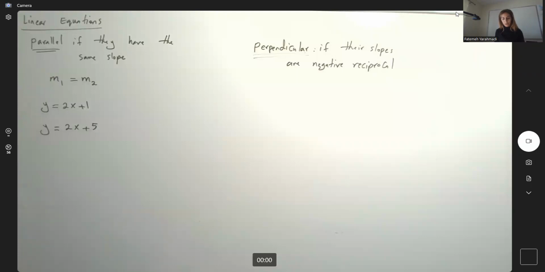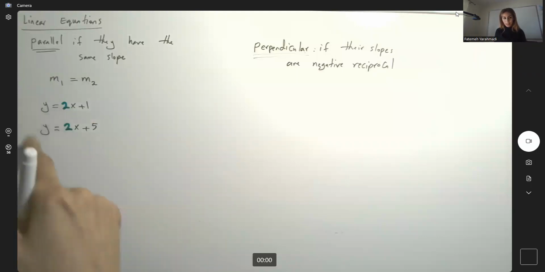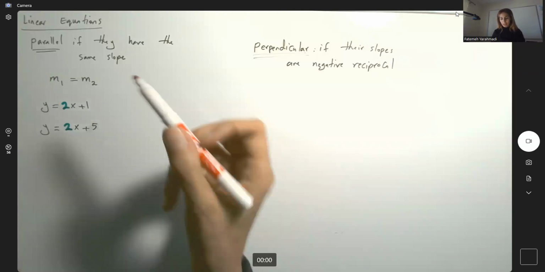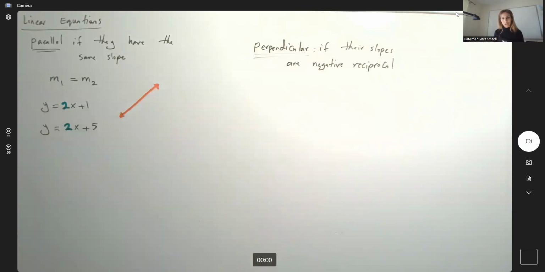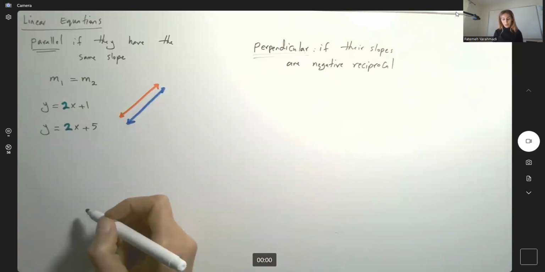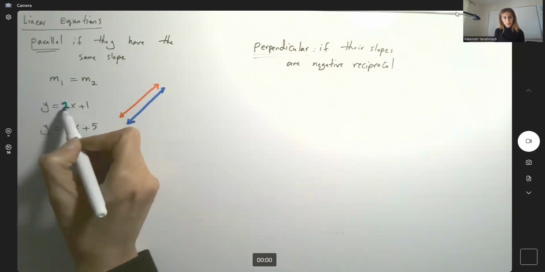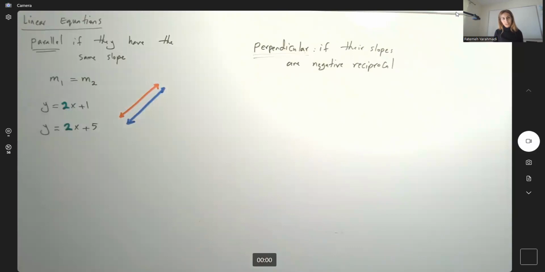Since the slopes of these two lines are the same, you expect these two lines to be parallel to each other. So if you graph these two lines, you're moving in parallel to each other. They have the same slope. M1 is 2, M2 is 2 as well. They are equal to each other and you have parallel lines.